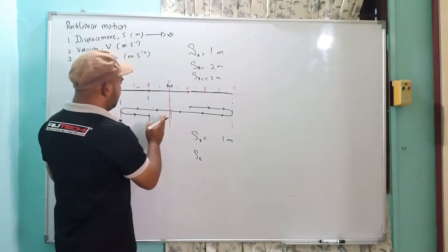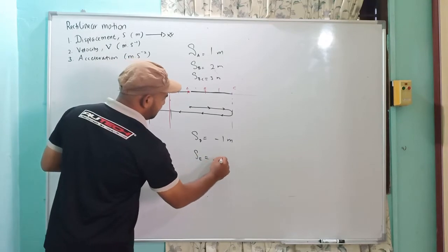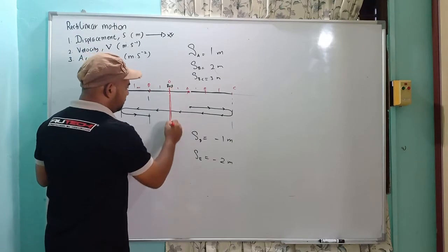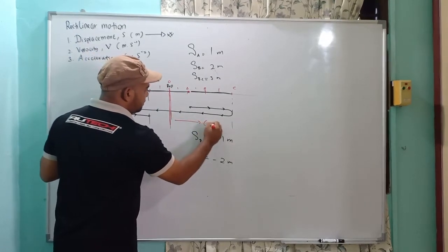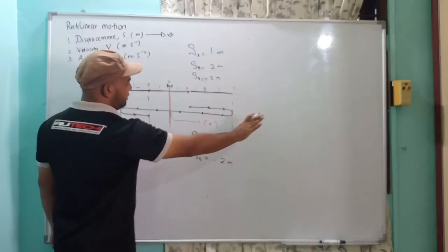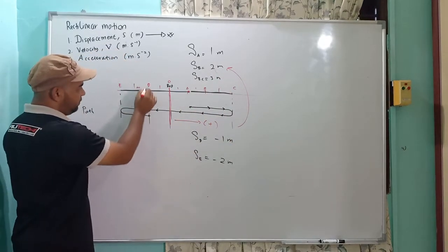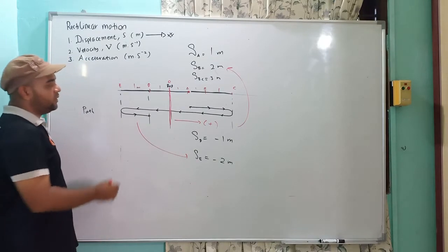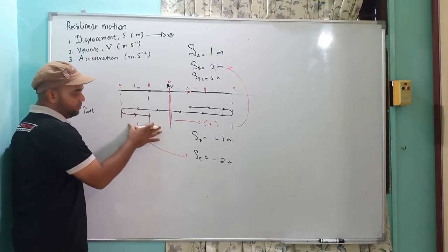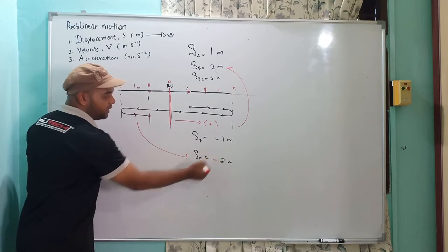But point D is negative 1 meter, and E is negative 2 meters. A position to the right of the reference point is positive, and a position to the left of the reference point is negative, even though the movement is in that direction.